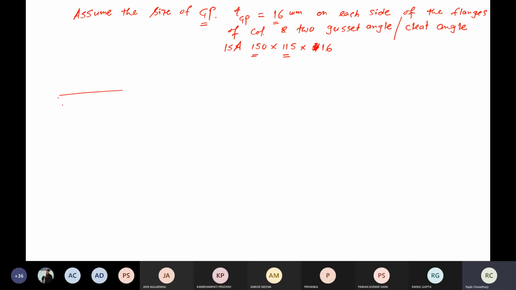So what I'm going to do now is, let me put it in this way, that below it the plate would be there.